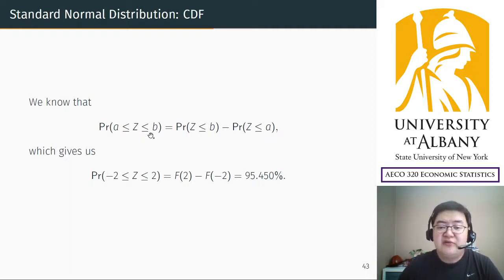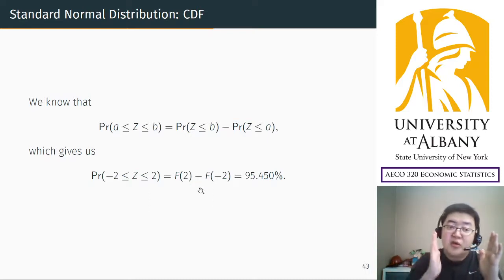Anyhow, if you use this, we have the probability between minus 2 and plus 2 equals probability smaller than 2. It means CDF of 2, which is the probability smaller than 2. It includes all the values smaller than 2.